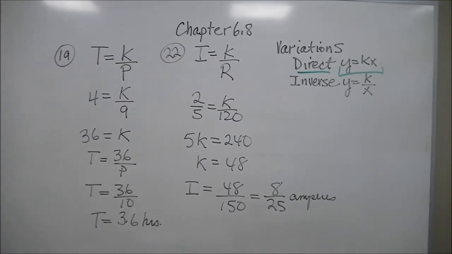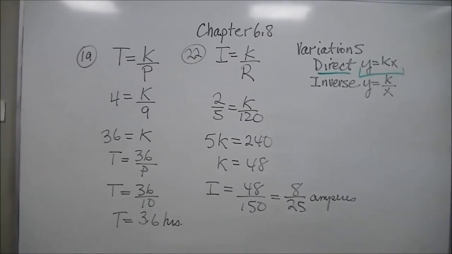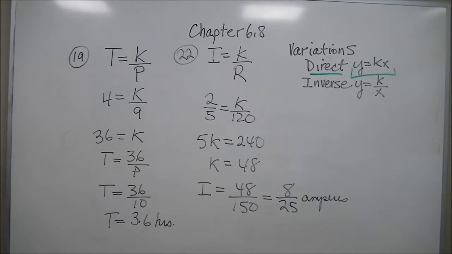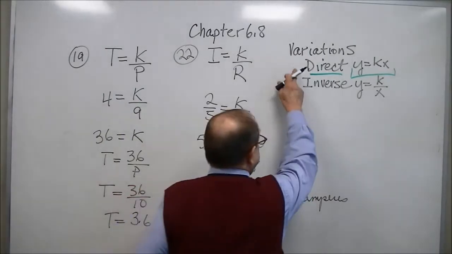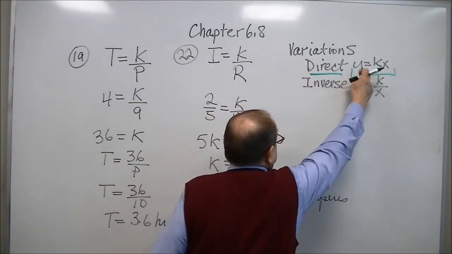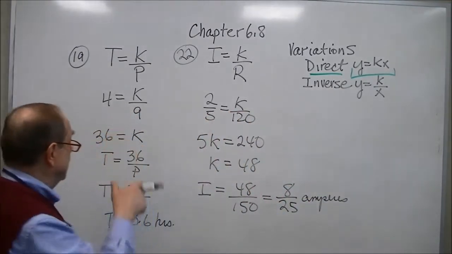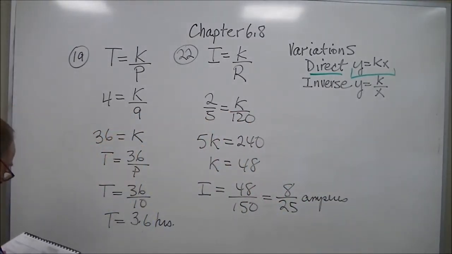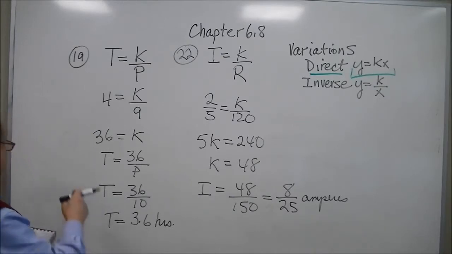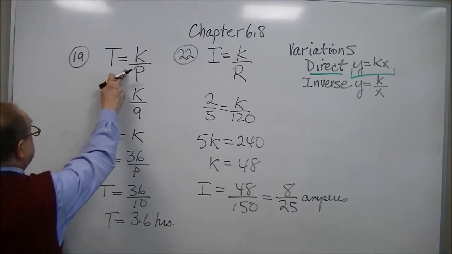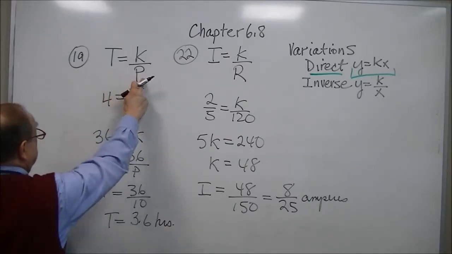Okay, a couple more word problems here. And they're not too difficult as long as you understand these two basic formulas. If they say it's direct variation, then it's this. If it's inverse variation, then it's this. So for number 19, they're saying the time required to do a job varies inversely with the number of people working.